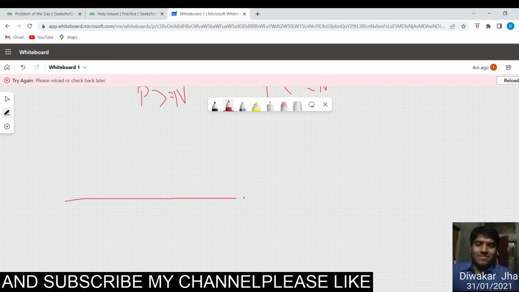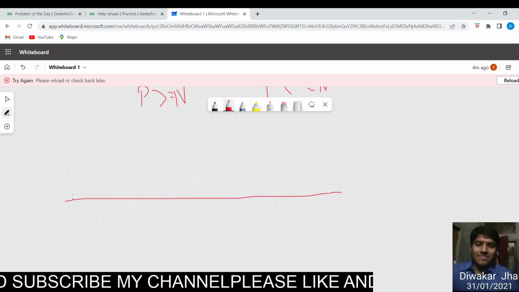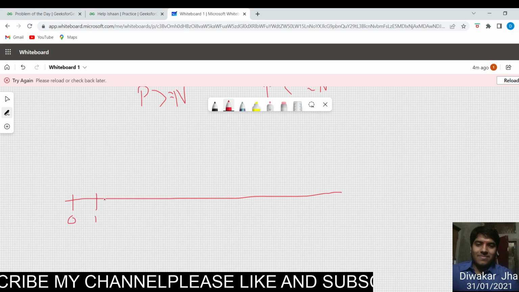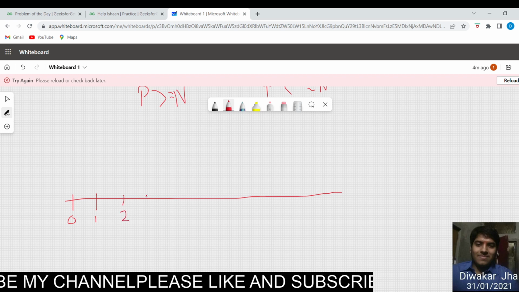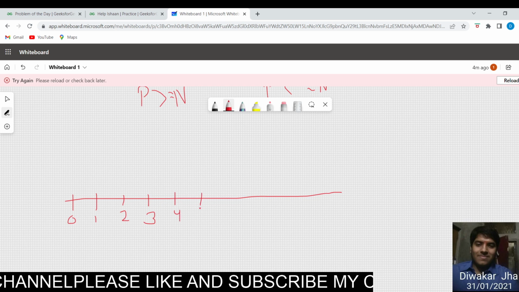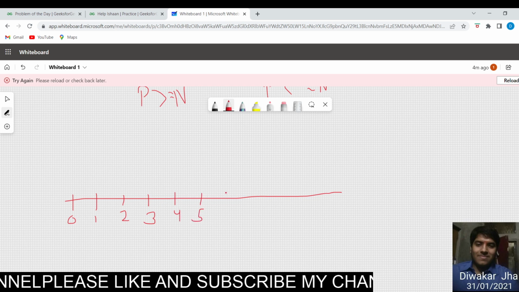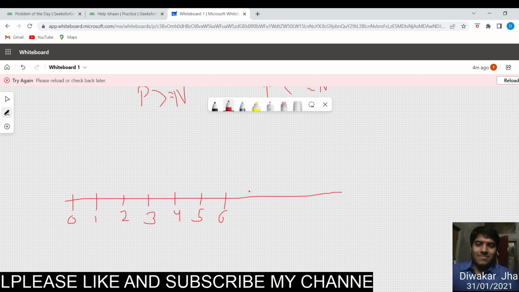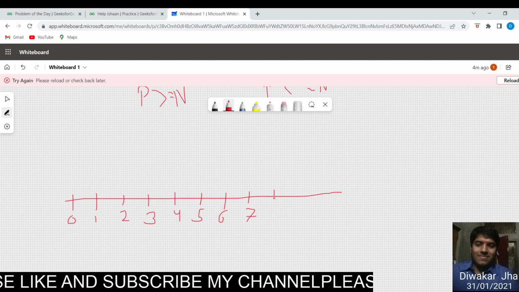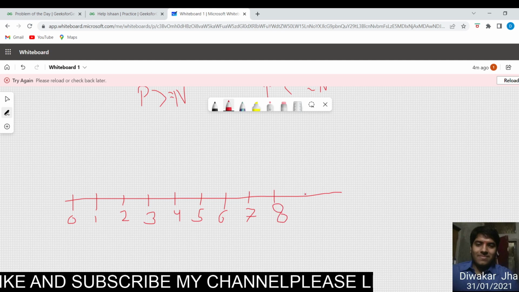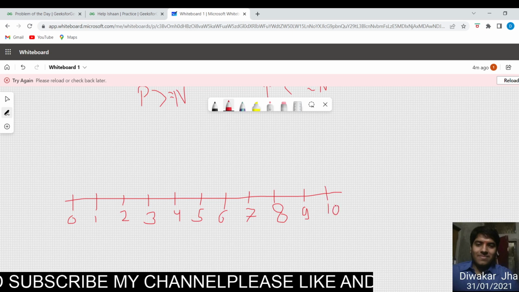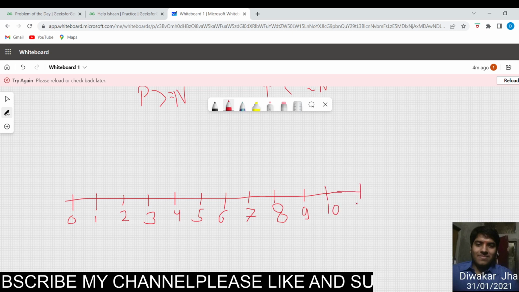This is a number line, like a scale: 0, 1, 2, 3, 4, 5, 6, 7, 8, 9, 10, and 11.